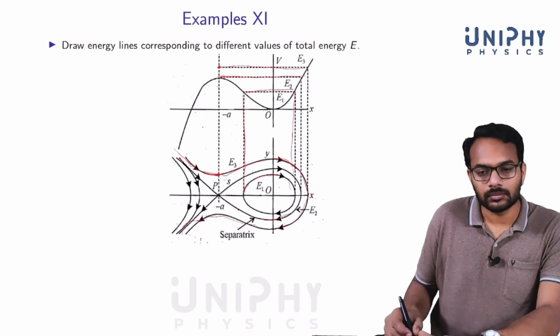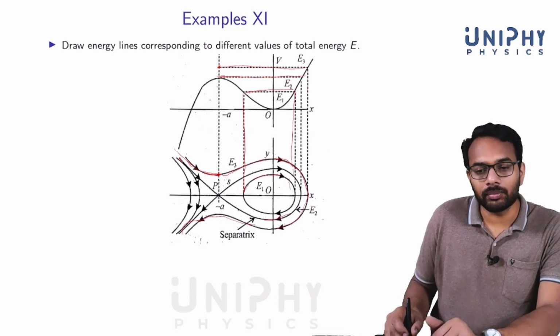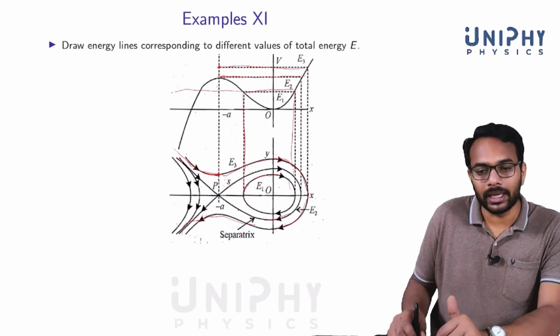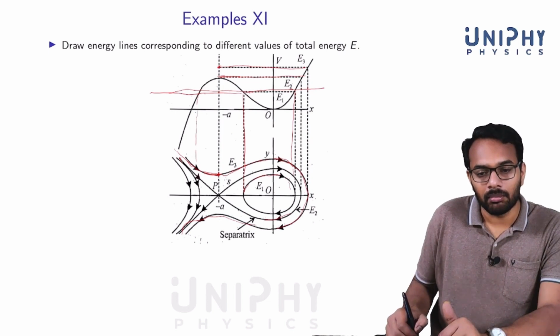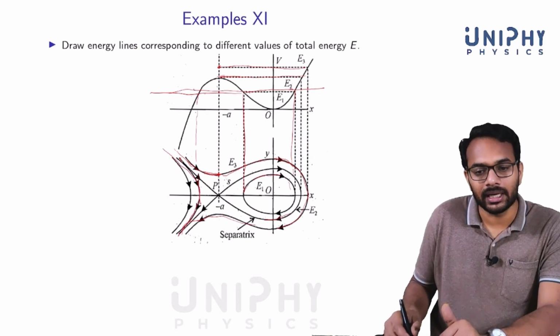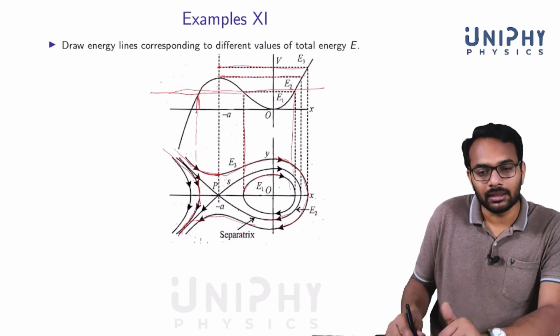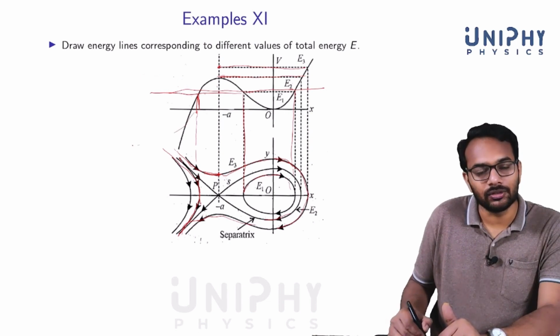Now we can think of particles with energy E2 again, which are outside, coming from minus infinity, and also from plus infinity. You see that it has a classically forbidden region and it goes back, because at this point the particle coming from minus infinity, the momentum will decrease, and then it will go back.